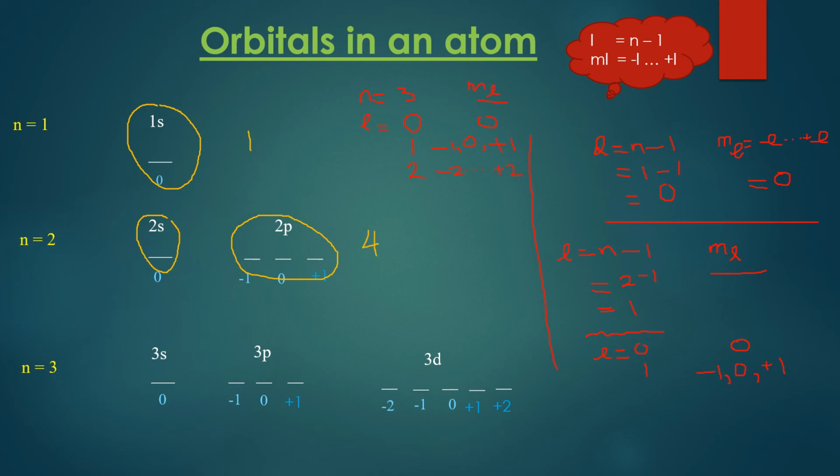Third shell. The third shell has a 3s orbital, 3p orbitals and 3d orbitals. Altogether how many? 5 plus 3 which is 8 plus 1 which is 9. So these are how many orbitals are there in each of the shells. Each orbital contains a maximum of 2 electrons. So you work out using your maths.